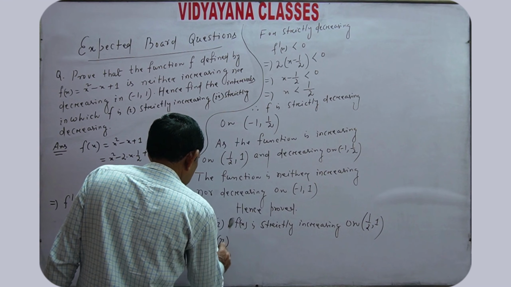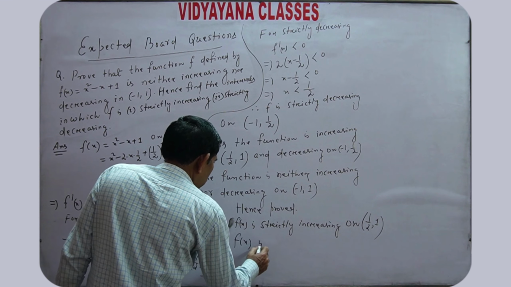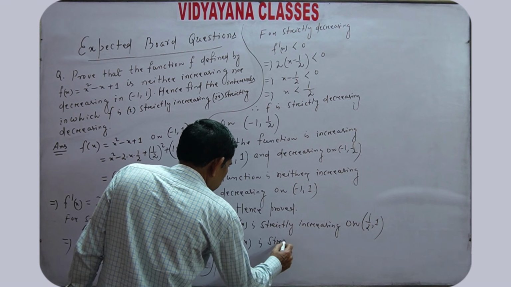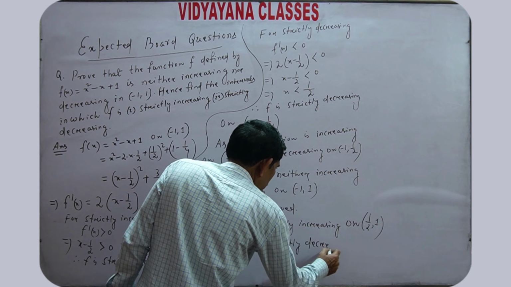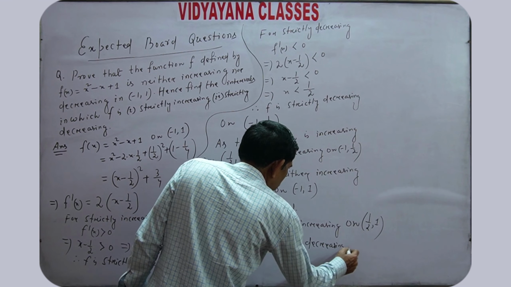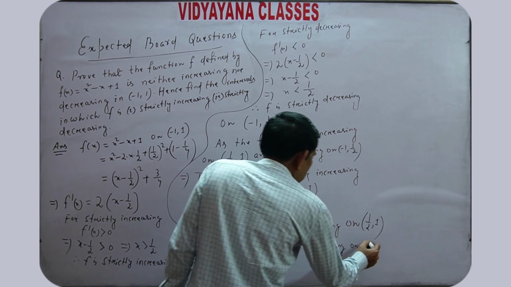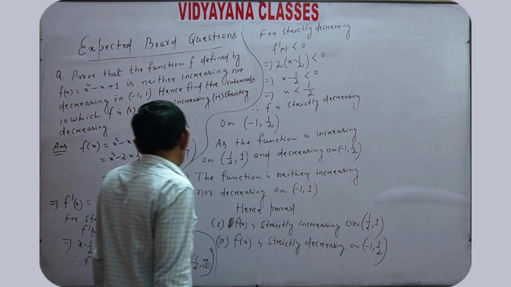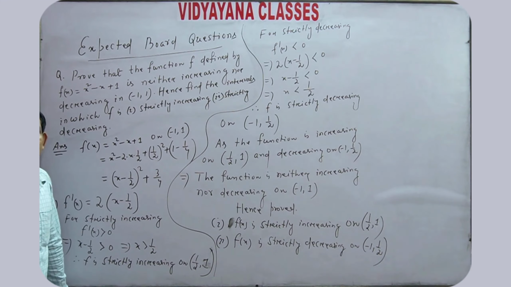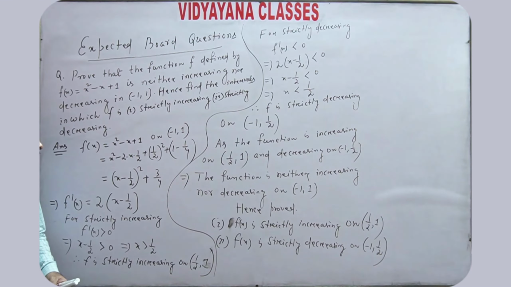Second bit, f(x) is strictly decreasing on (−1, 1/2). Clear?